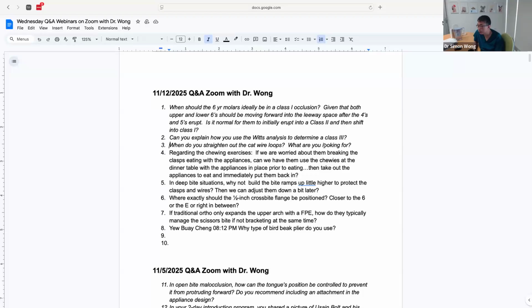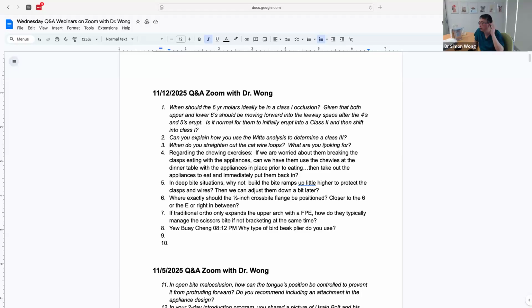And yes, you can remove that acrylic a bit later on, but it's not common for young children to have 100% deep bites. So it's not something that needs to be done on a routine basis. Certainly on a case-by-case basis, we can do that.